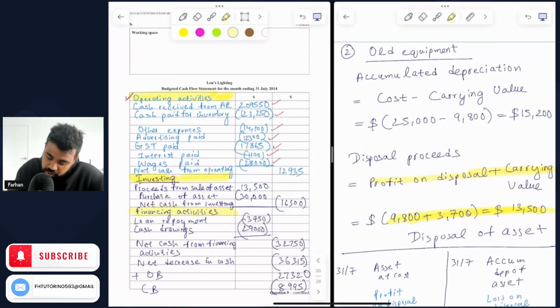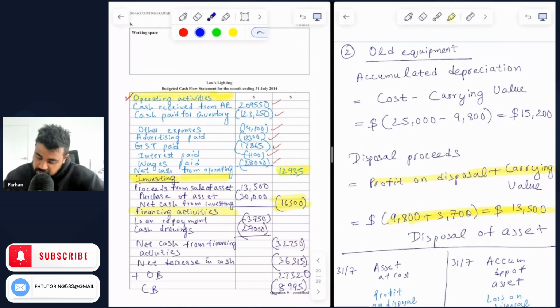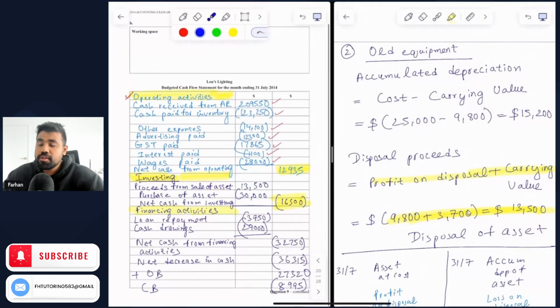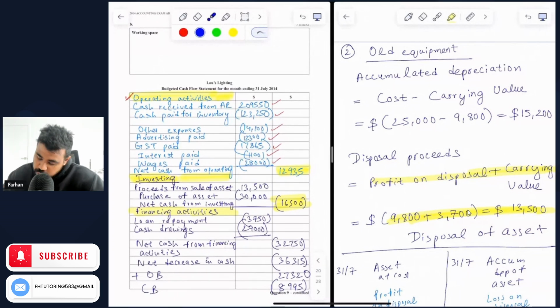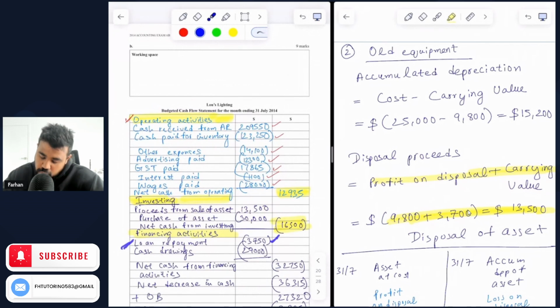Okay, so we have the total for operating and we have the total for investing. Next, we start with the financing activities section. For the financing activities section, there were only two items which we have already discussed. Loan repayment of 3,750, which is shown in negative, obviously because we're repaying it, and this refers to a cash outflow.